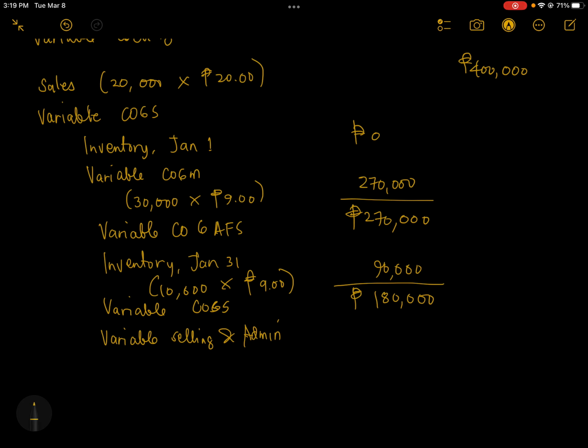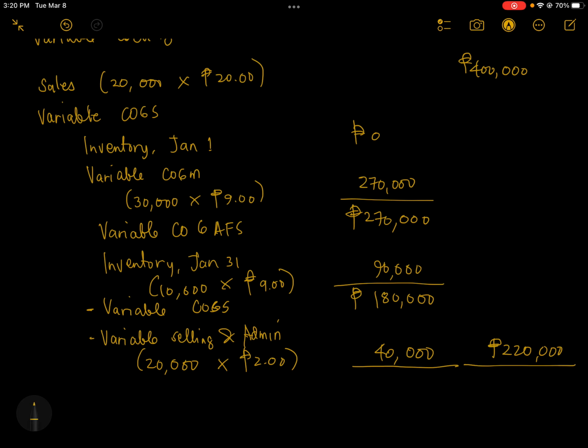Although para silang variable, but one is product cost and the other one is period cost. Okay? So just to continue, yung nabenta natin, that's 20,000 units. You multiply it by the 2 pesos variable selling and administrative expenses per unit. So you have here 40,000. Okay? So pag pinagsama mo yan, yung dalawang yan, the variable component of production and the variable component of period cost, a total of 220,000 pesos are the variable expenses.